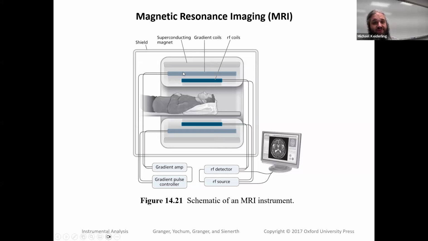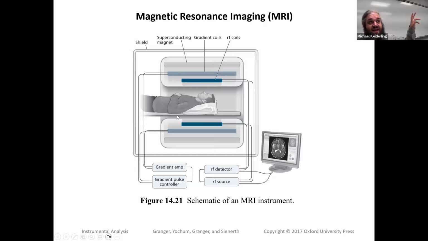But yes, there's a whole bunch of different gradient coils and RF coils and a superconducting magnet, because it's all about creating gradients in various directions and utilizing those to incorporate position information into the frequency and phase of the NMR signal.